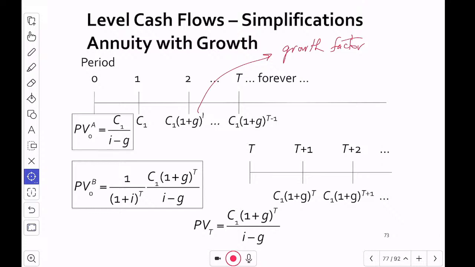So what's this? Well, an annuity stops paying. It's not like a perpetuity that pays forever. So there are all these additional payments that I need to discard. Here they are. Beginning at T plus 1, there's this amount. Notice I just continue with the growth. This would be the amount, and then it continues to grow indefinitely, or forever.